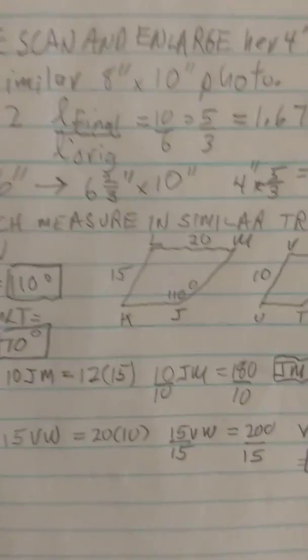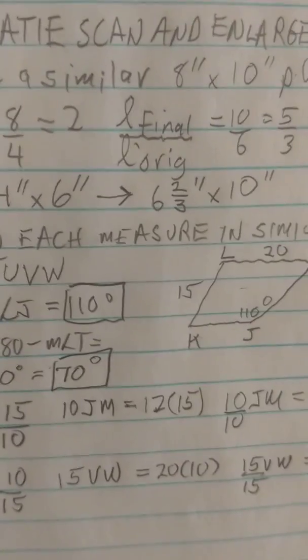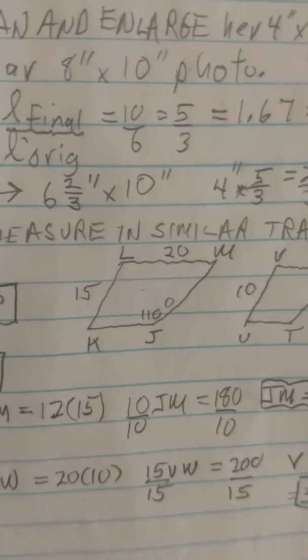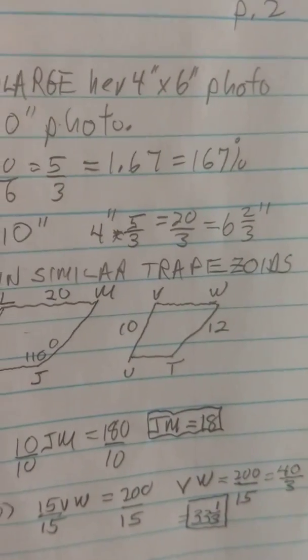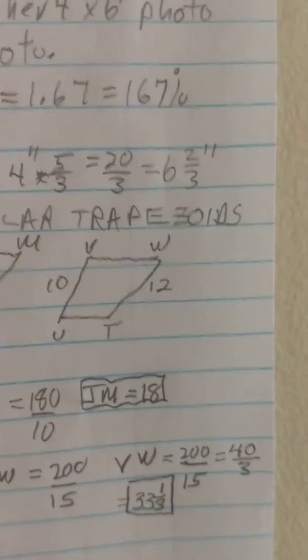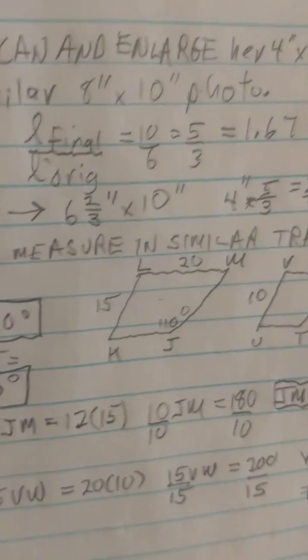But if we look at the lengths, the 10 by 6, the 10 over 6, the length final to the length original, that reduces to 5/3, or 1.67 or 167%, which is not 2. So I can't make a 4x6 into an 8x10 and keep it similar.